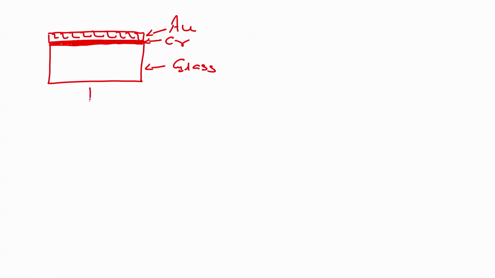So, what will be the first step? The first step would be to spin coat photoresist. Which kind of photoresist? Positive photoresist.